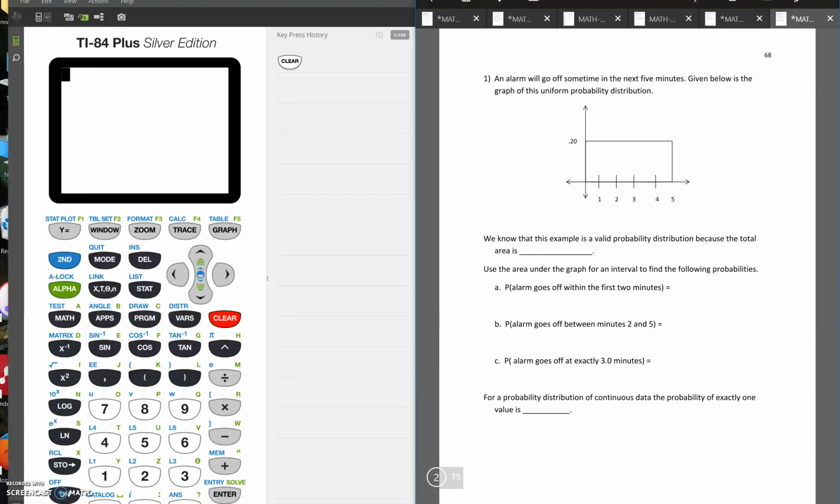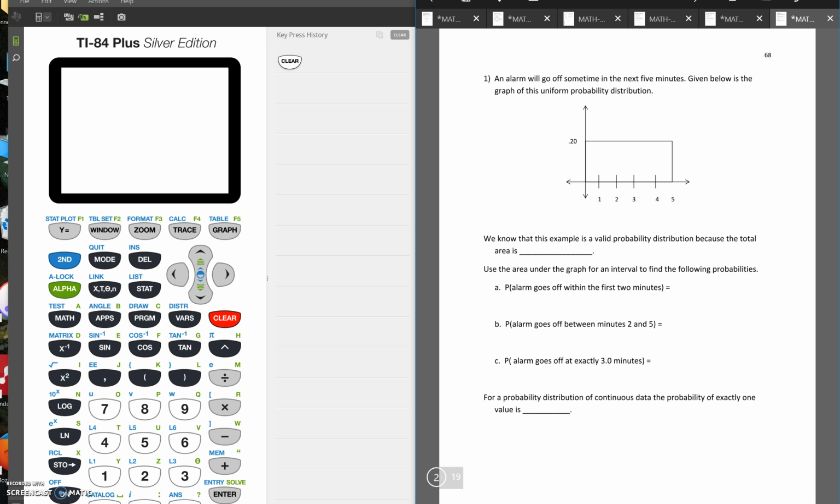So here's our first example. An alarm will go off sometime in the next 5 minutes. Given below is the graph of this uniform probability distribution. We know that the alarm is going to go off in the next 5 minutes, and we're saying that it has an equal chance of going off at any time.